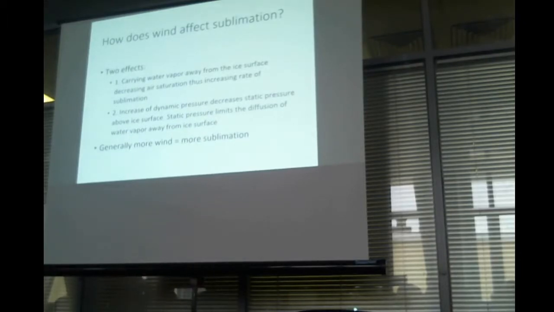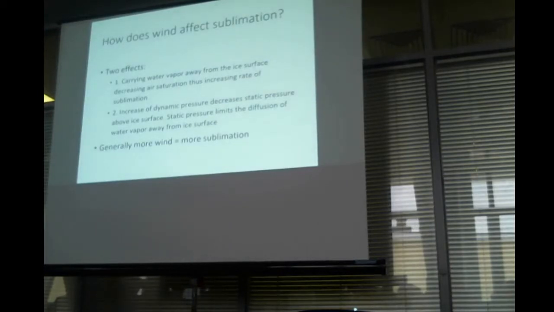If the wind blows, the water vapor above the ice goes away and the partial pressure of water is decreased. The other effect is the increase of dynamic pressure because of wind, which decreases static pressure above the ice surface, and we know that static pressure limits the diffusion rate of water vapor. So more wind equals more sublimation.